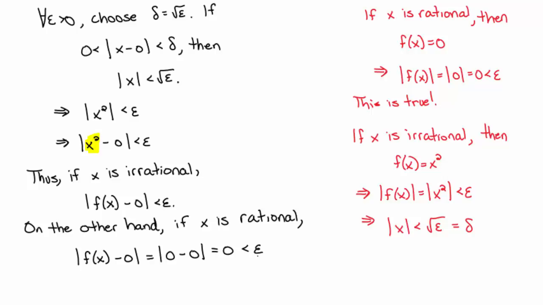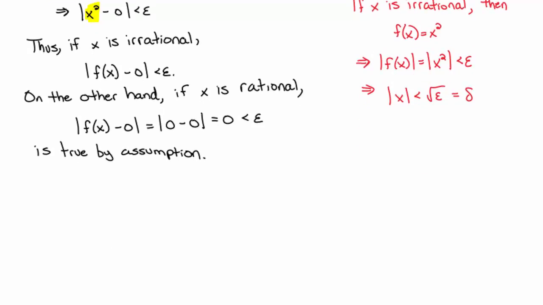That is by assumption, and that assumption actually occurs right at the beginning: for all epsilon that's positive. So in either case, our distance between our function and 0, whether x is irrational or rational, must be less than epsilon. Hence, the limit must be true.